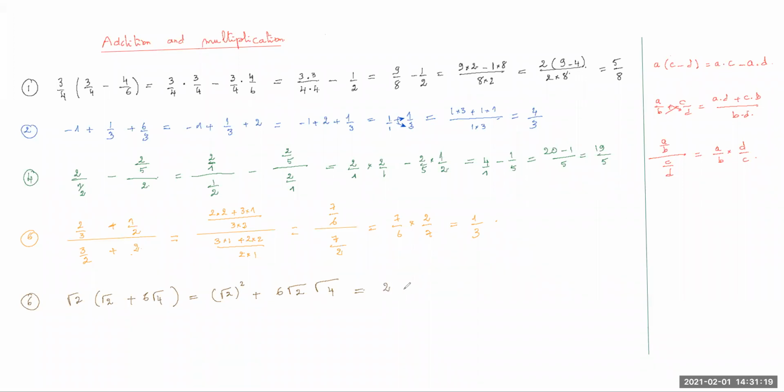So here I have 2 plus 6, and here I will have square root of 2. Square root of 4 is 2, 6 times 2 square root of 2. So it will be 2 plus 12 square root of 2.